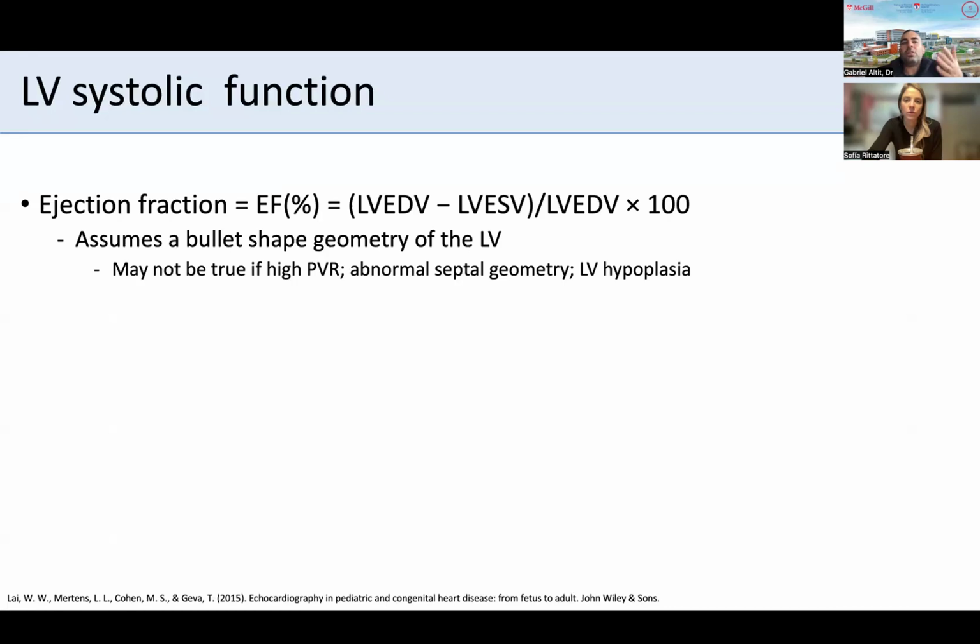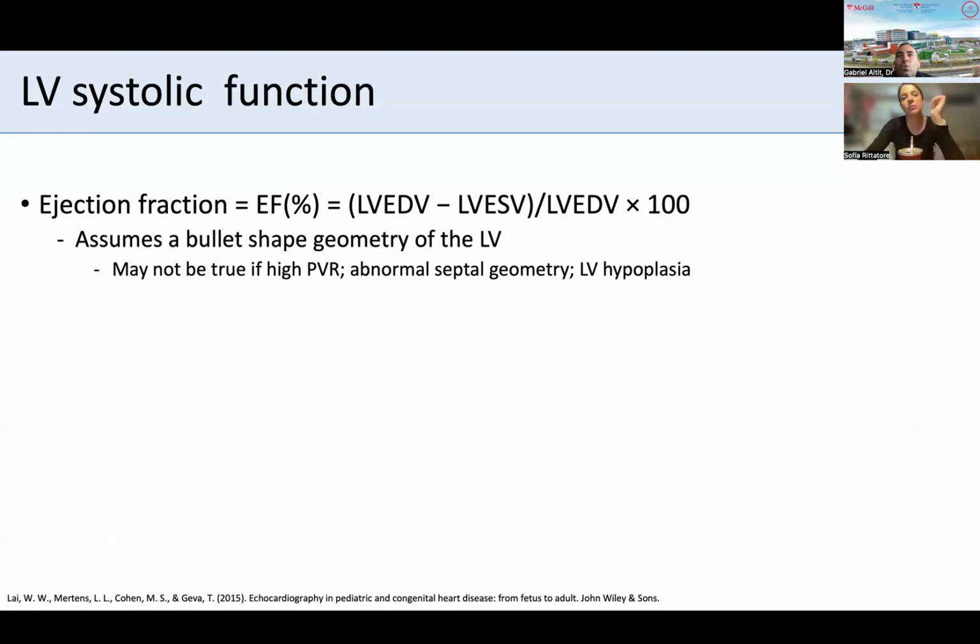So these metrics are always to be put in consideration of the overall status of the patient. If the patient is profoundly hypotensive and on echo you have a very hyperdynamic LV, it tells you in the back of your mind, this is probably because my SVR is very low and I need to raise my SVR.